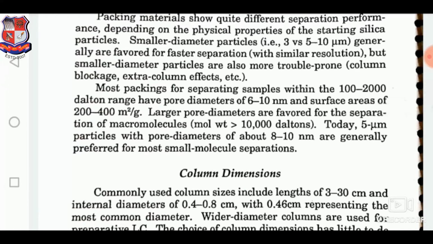Larger pore diameters are favored for the separation of macromolecules, and today 5 micrometer particles with a pore diameter of 8 to 10 nanometer are generally preferred for most small molecule separation.